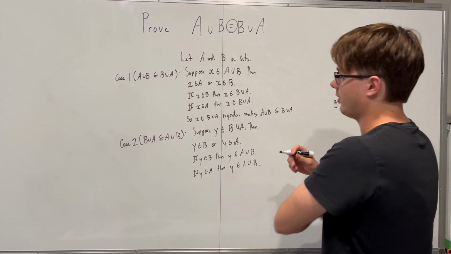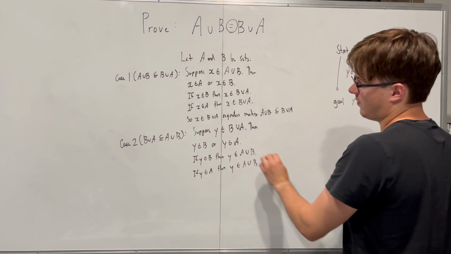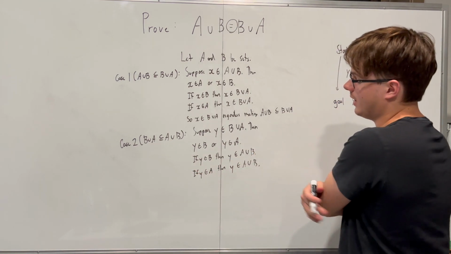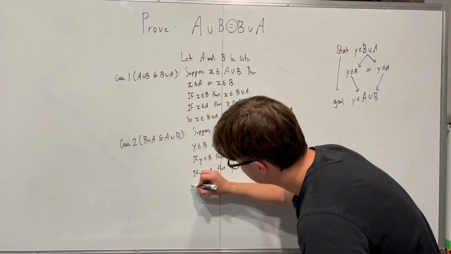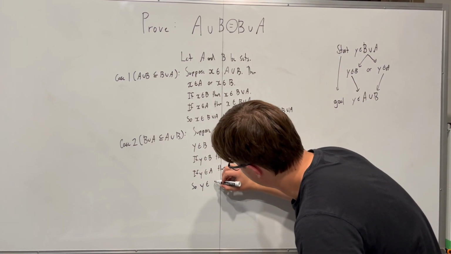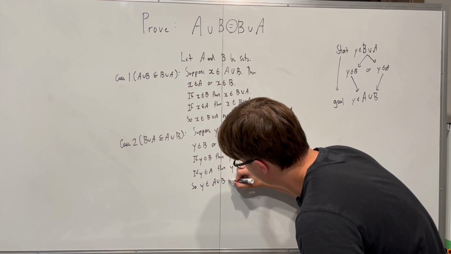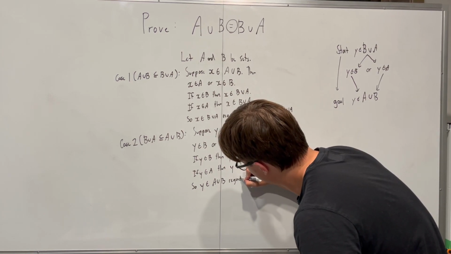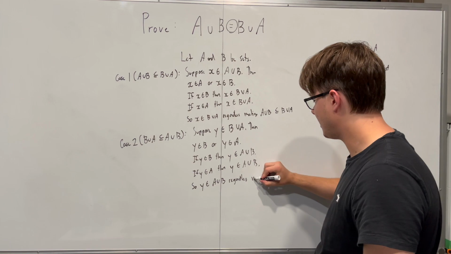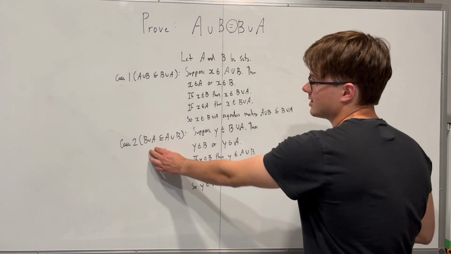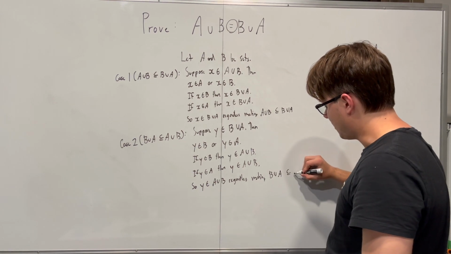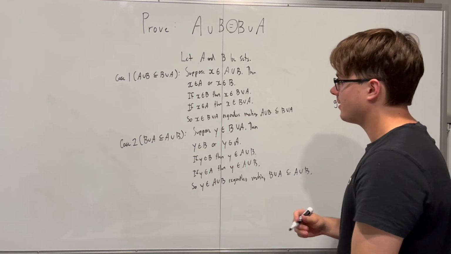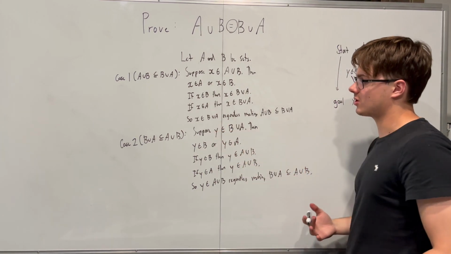So if Y is in B, then it's an element of A union B. If Y is in A, then Y is an element of A union B. Fantastic. And now we're going to say, so Y is an element of A union B regardless, making what we wanted to prove to be true, making B union A a subset of A union B. Fantastic. So we've shown both cases are going to be true.